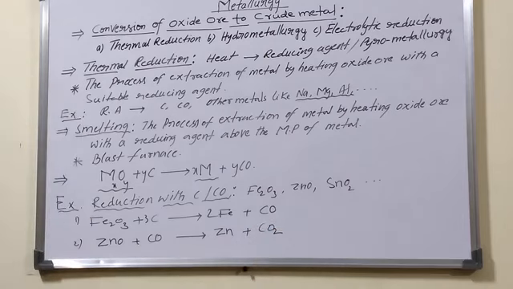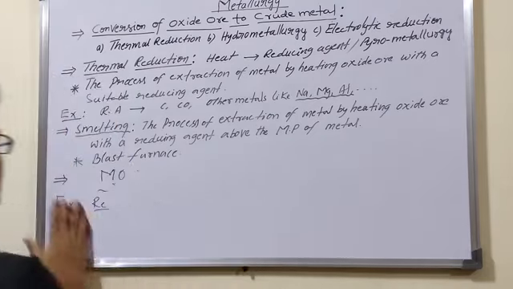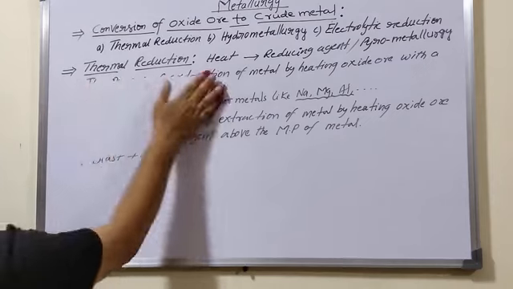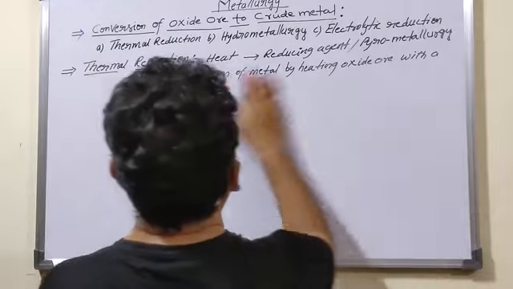This is the process we have here. So like this, we can reduce iron oxide, zinc oxide or tin oxide in the presence of carbon or carbon monoxide.